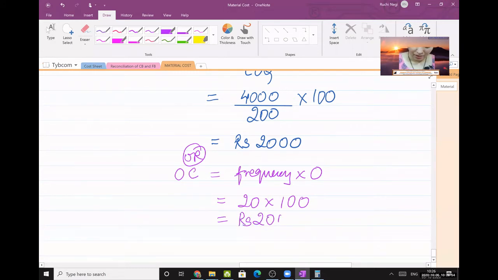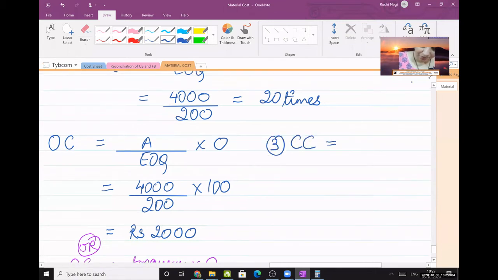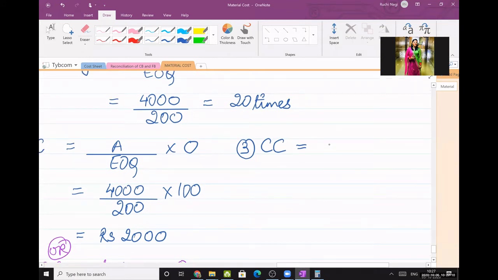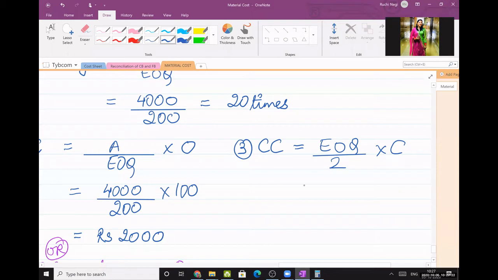Okay. Then calculate CC. What is the formula for CC? EOQ upon 2 into C. Okay.